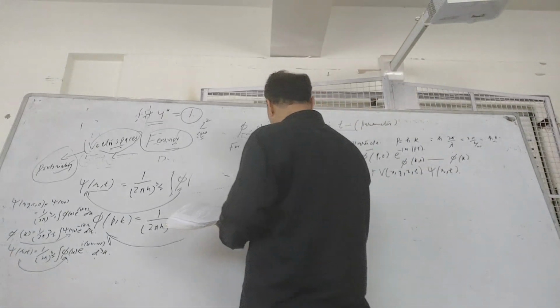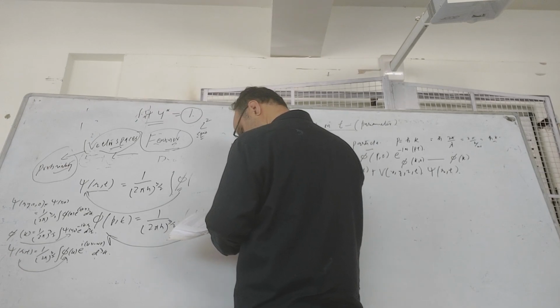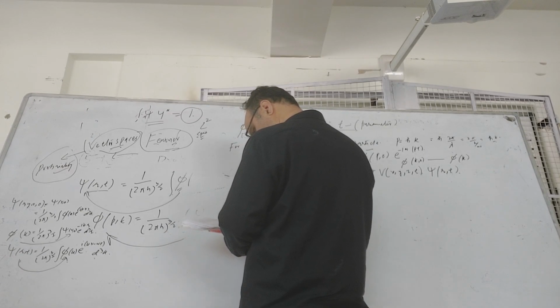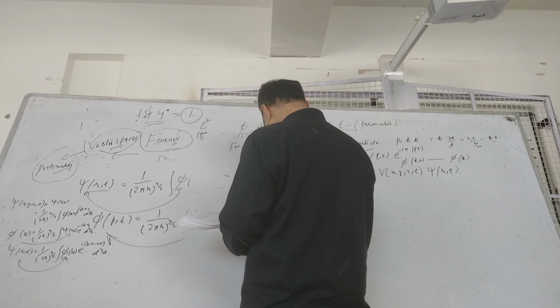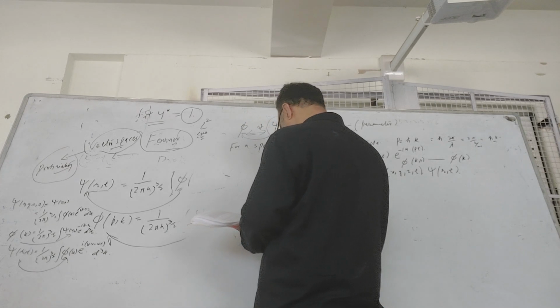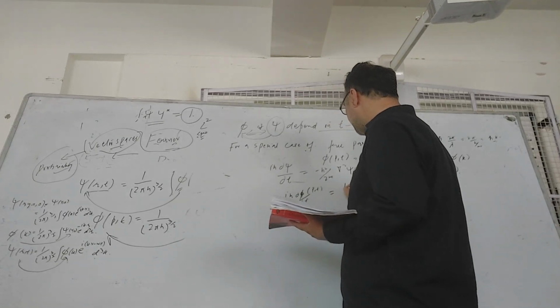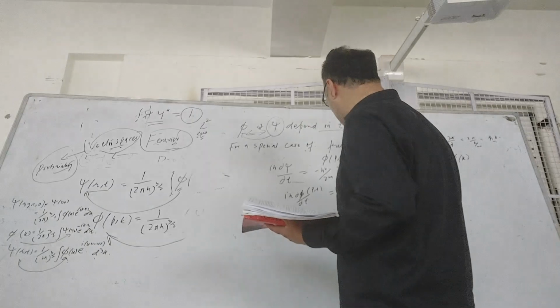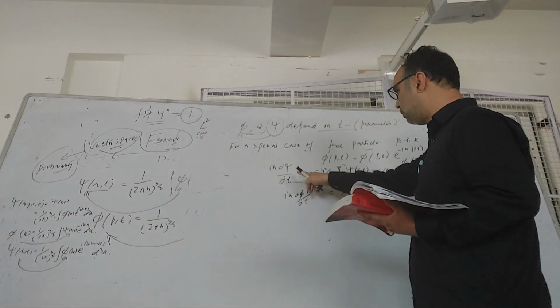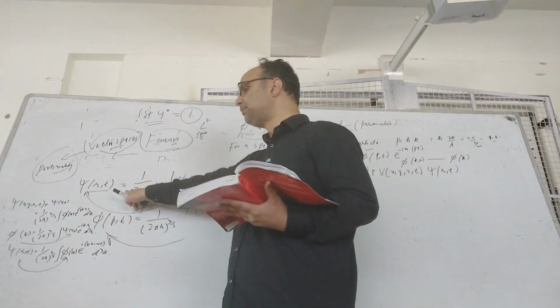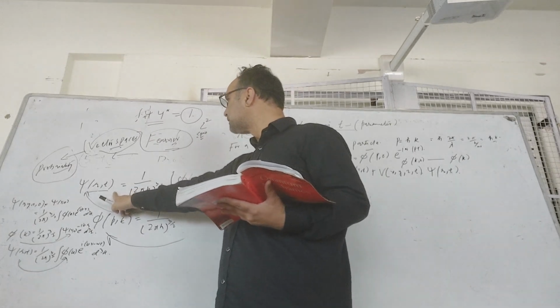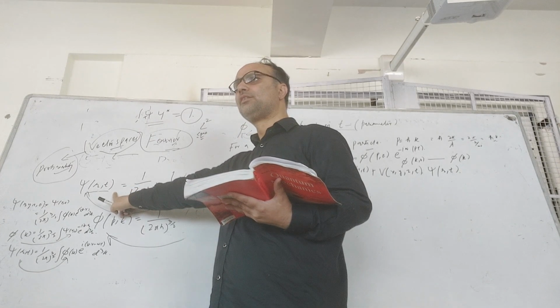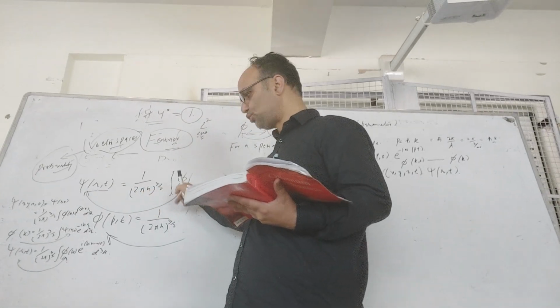So iota h d psi by dt can it be written as, so we are coming back. जो psi है ना, psi को हमने इन टर्म्स लिखा दिस 1/2 पाई to the power 3/2, जो भी है हमारे पास.